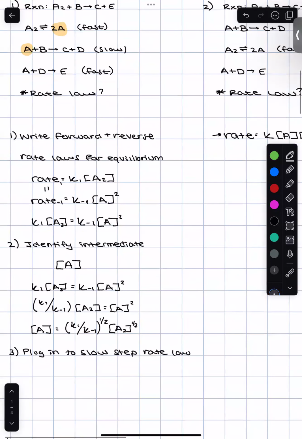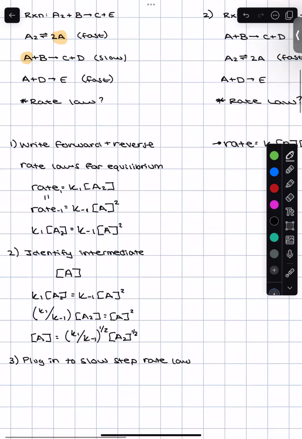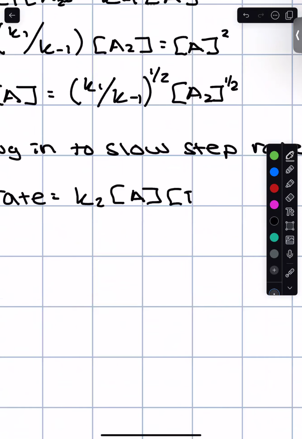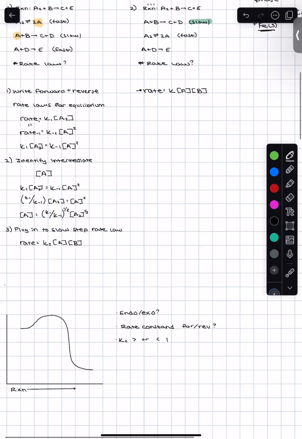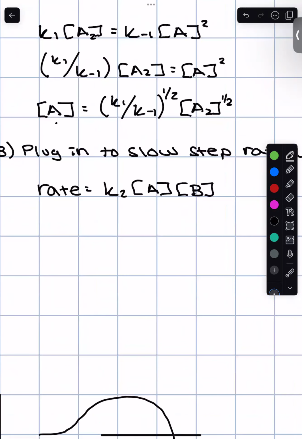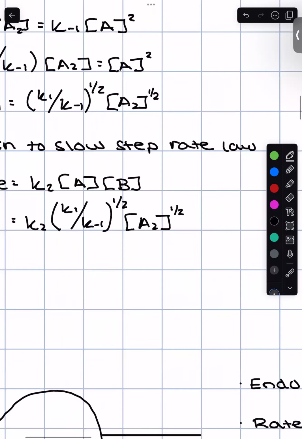Okay, so for the slow step, which is your second step here, rate is equal to K2 times the concentration of A times the concentration of B. We just figured that out like we usually do. So now I'm going to plug this in for A. So I'm going to do K2 times K1 over K-1 to the 1/2 times A2 to the 1/2 times B is equal to your rate.